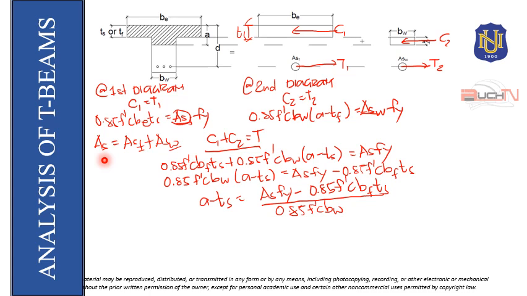So, only our a will remain. So, that will just be a is equal to (A_s f_y minus 0.85 f'c b_f t_s) divided by 0.85 f'c b_w, plus t_s.